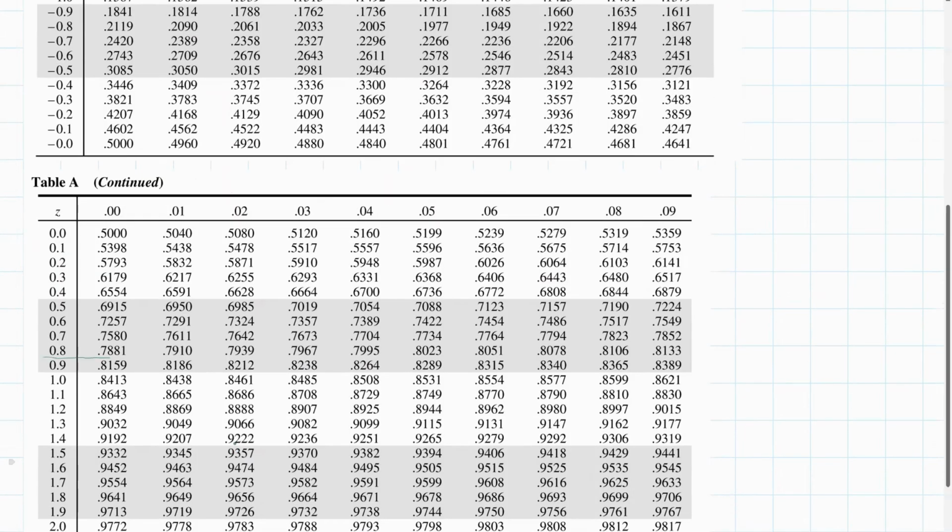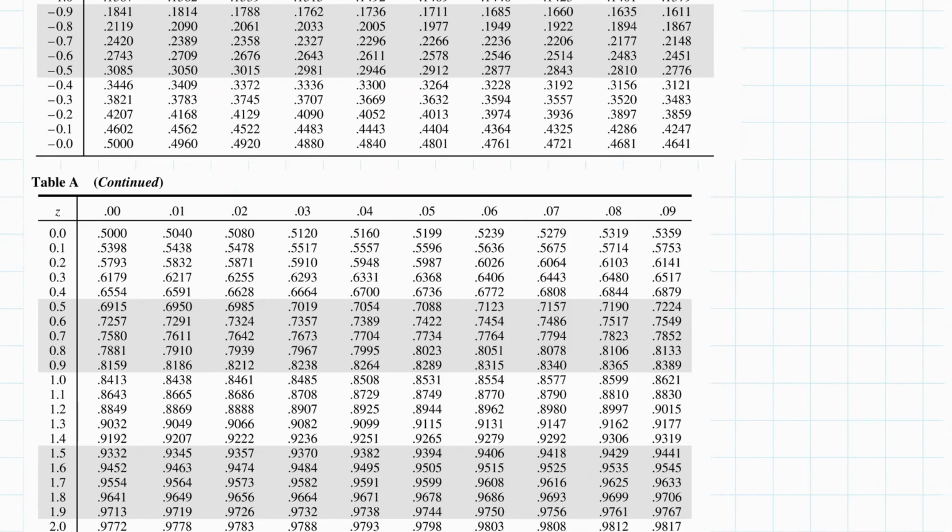Here's our 0.08, and here's the 0.01, and there's that 0.7910 getting read off the table. Again, those problems are the easy problems.